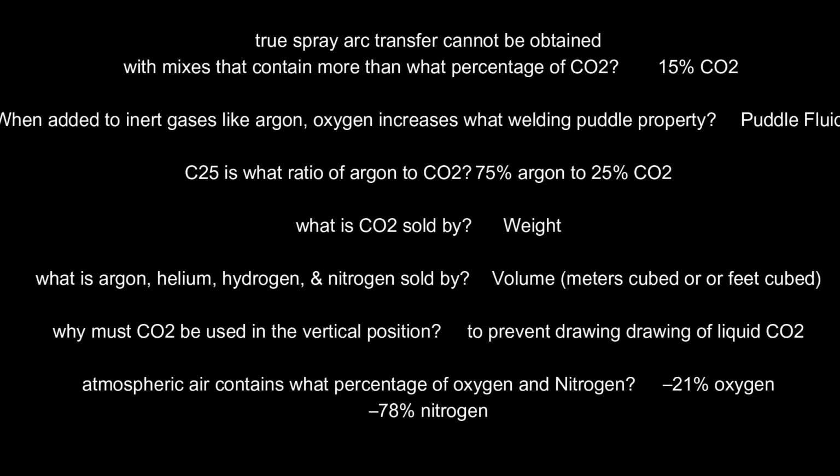True spray arc transfer cannot be obtained with mixes that contain more than what percentage of CO2? 15% CO2. When added to inert gases like argon, oxygen increases what welding puddle property? Puddle fluidity. C25 is what ratio of argon to CO2? 75% argon to 25% CO2.